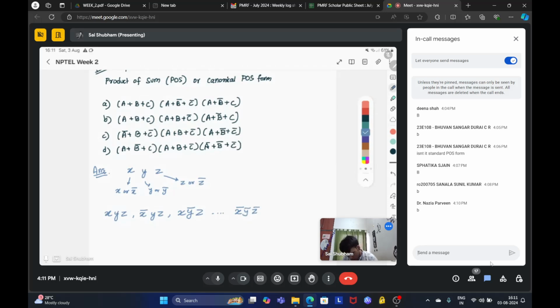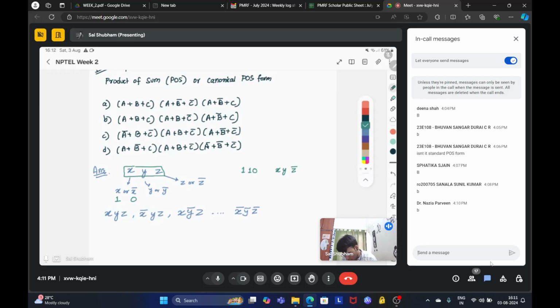Whenever it is x, we represent this position as 1. Whenever it is x bar, we represent it as 0. It is very important that we have decided the order: if it is x, y, z and I mention a number as 110, it is understood that it is x, y, z bar. If it is x, it will be 1; if it is x bar, it will be 0.